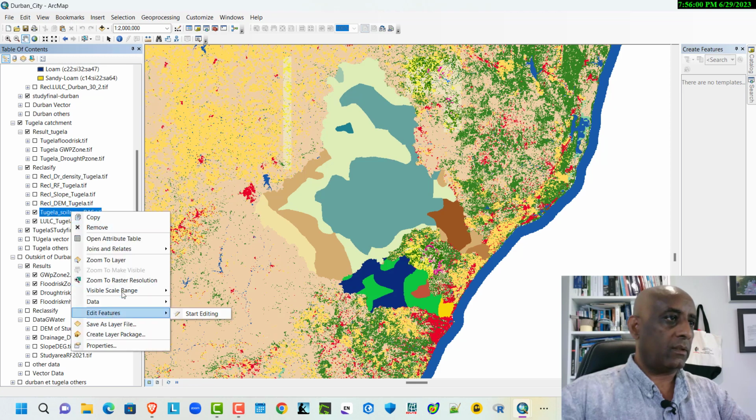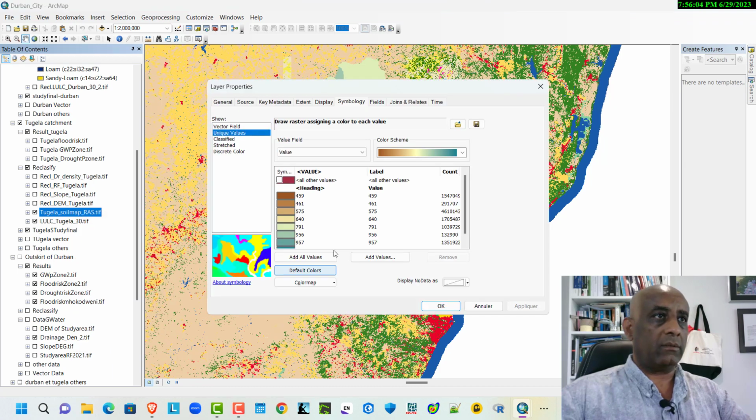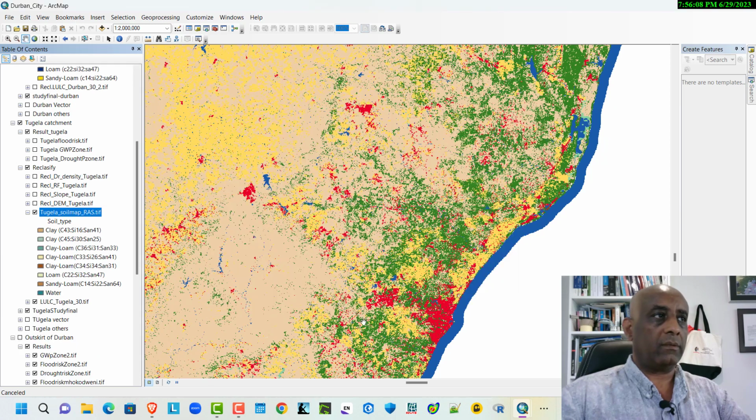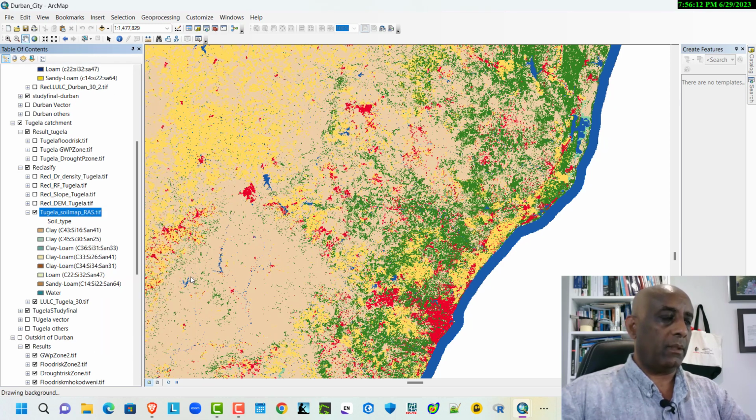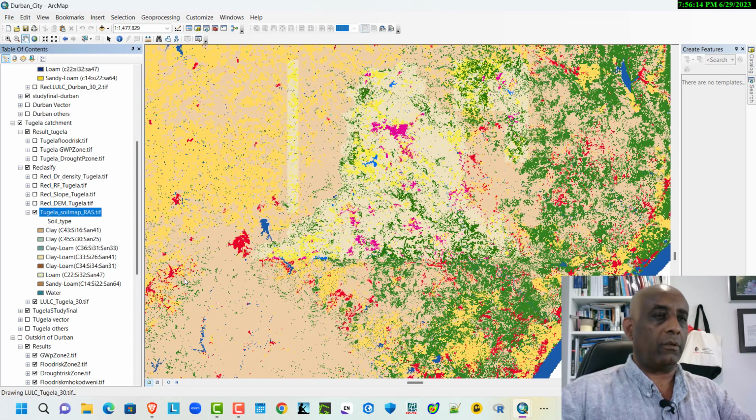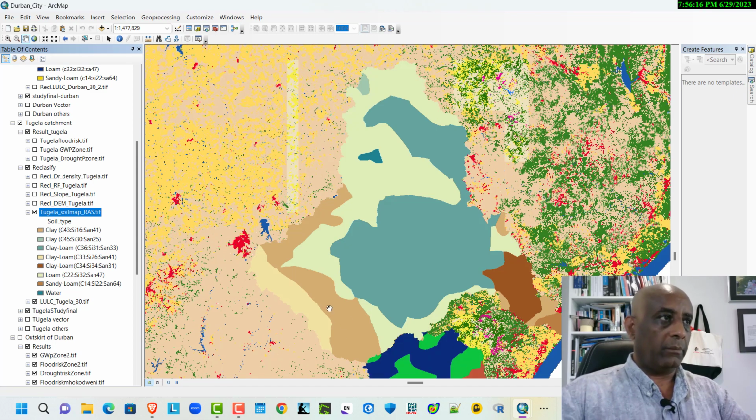Okay, let us see. Let us change the name to the value of the soil type. We can say the type of the soil. For example, this is clay. This red is sandy clay loam.